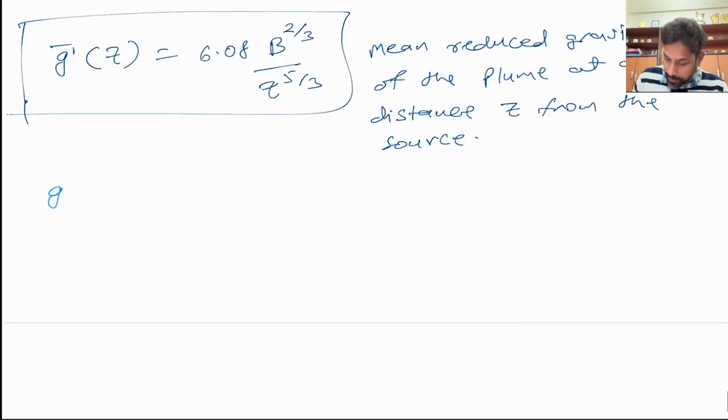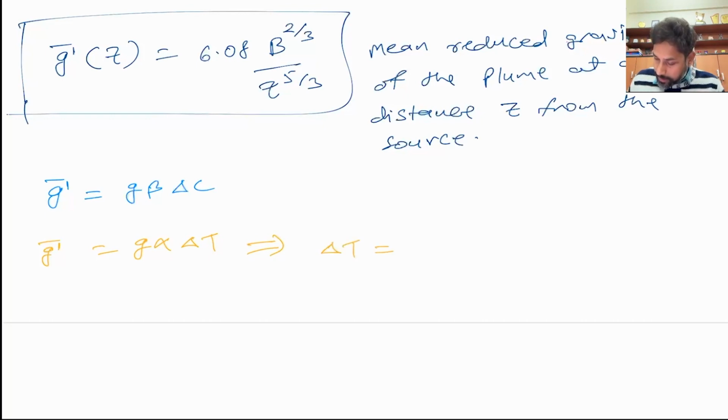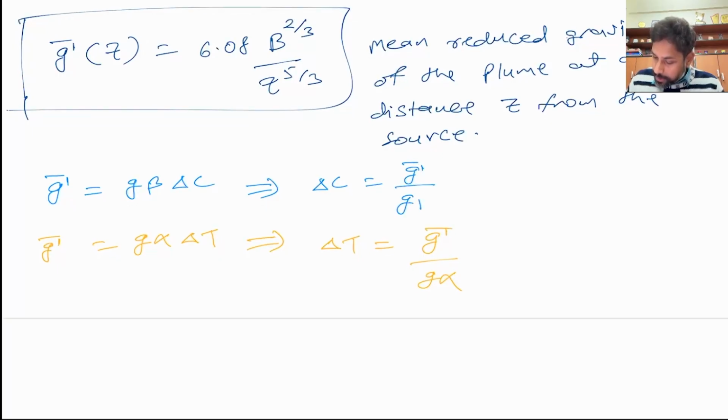So G prime bar is also equivalent to G beta delta C, or G prime bar is also equal to G alpha delta T. So this will give you delta T as G prime bar by G alpha, and this one will give you delta C as G prime bar by G beta.